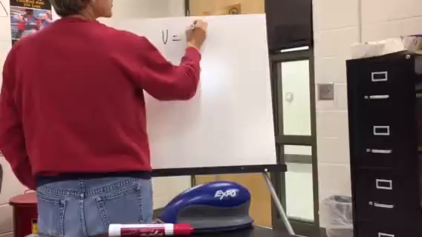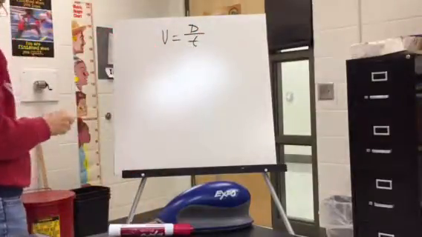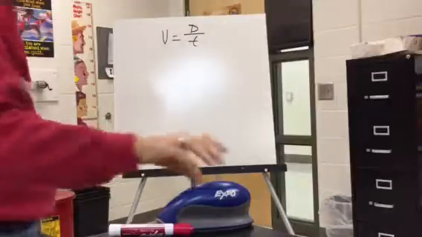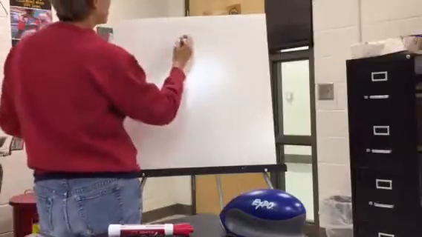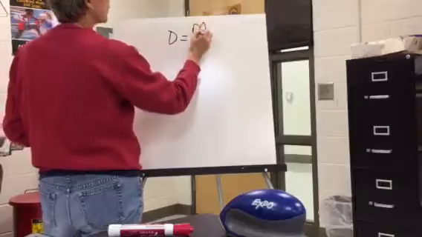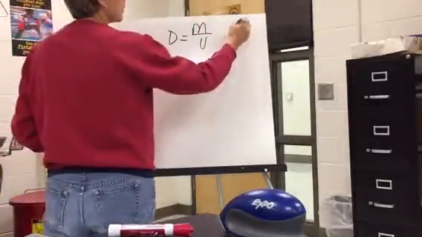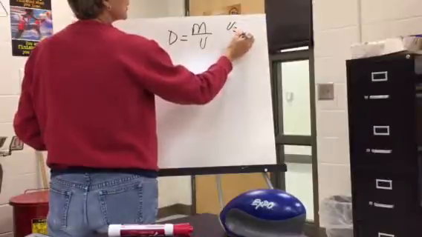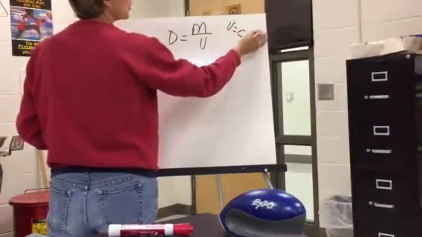Velocity is equal to distance over time. Or let's do what we're currently doing. Right now, we're using problems with density is equal to mass over volume. And you have to remember too that volume is anything where the unit is centimeters cubed.